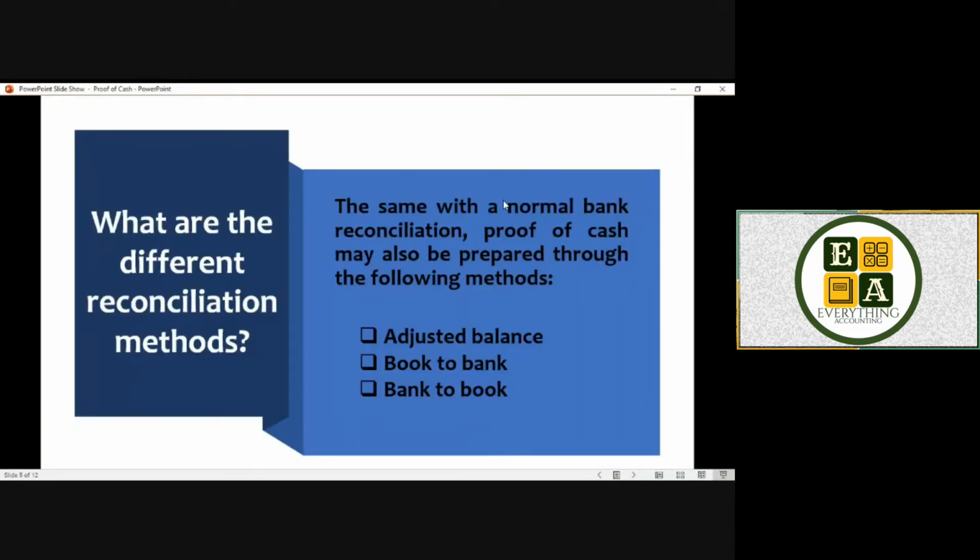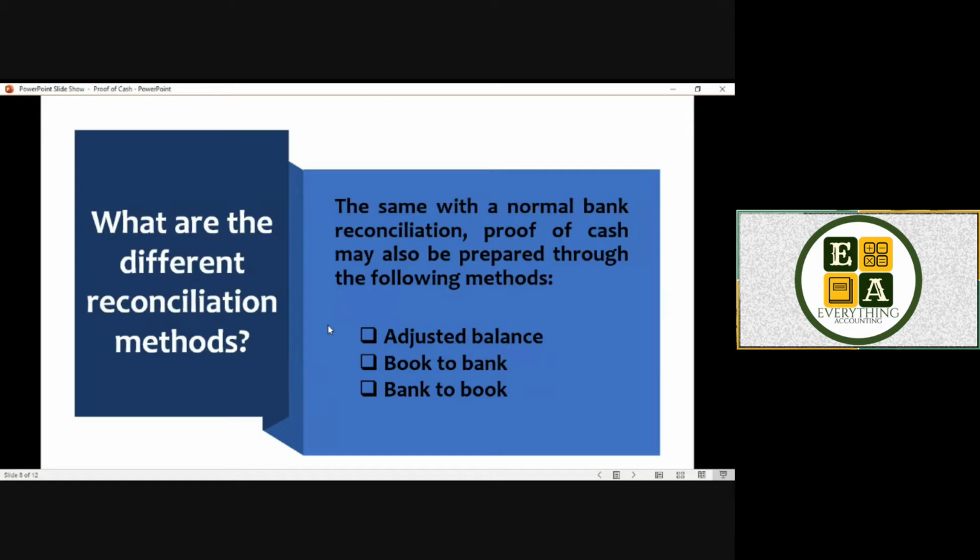So what are the different reconciliation methods? The same as a normal bank reconciliation, a proof of cash may also be prepared using the adjusted balance method, book-to-bank method, or bank-to-book method. Everything you have learned in bank reconciliation is the foundation for proof of cash. If a problem asks for the adjusted balance, you can directly proceed to reconciling the bank records, because that is more accurate.